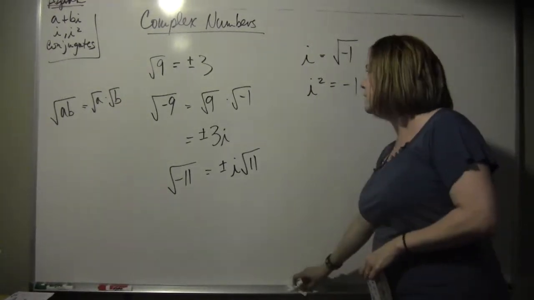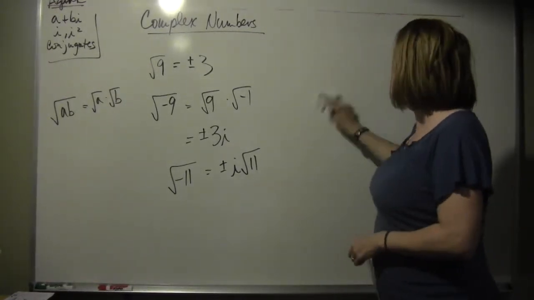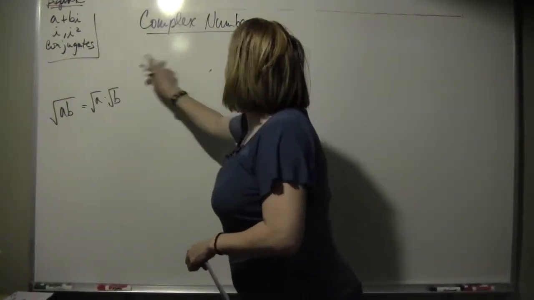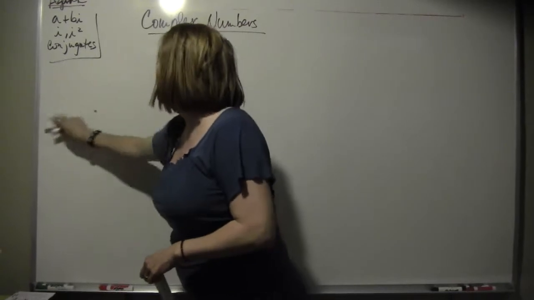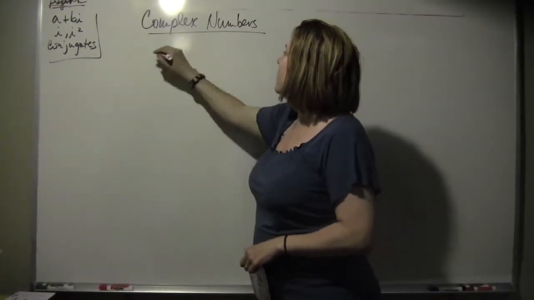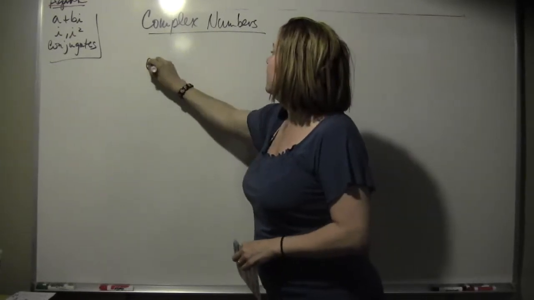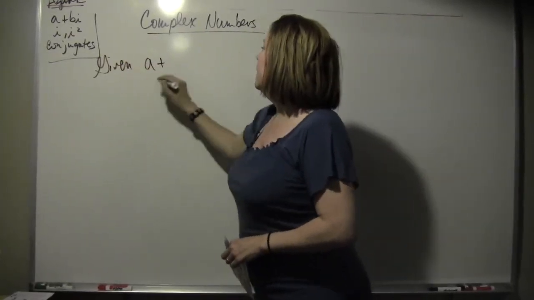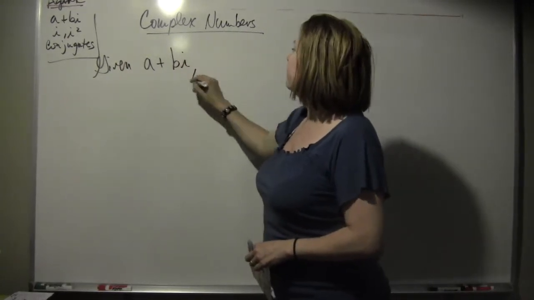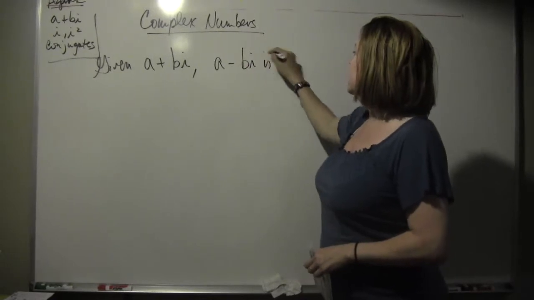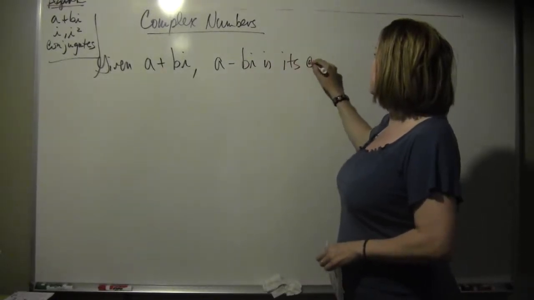And the last thing are conjugates. We need to talk about those. So a conjugate, there's a formula. Well, let me just say that if you are given a plus bi, a minus bi is its conjugate.